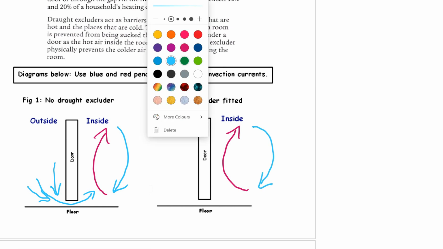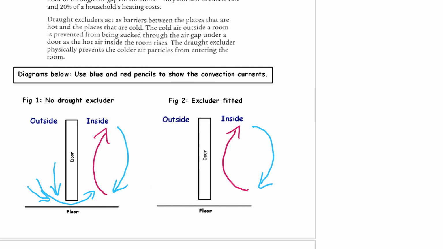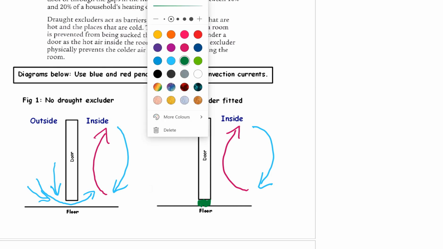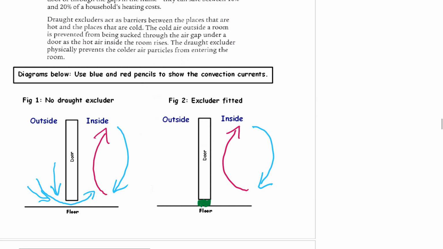But if you put insulation or a draft excluder at the bottom of a door, it prevents the cold air getting in. That is stopped. Doesn't happen. Well worth putting draft excluders indoors. Anyway, that's the end of this lesson. Well done.